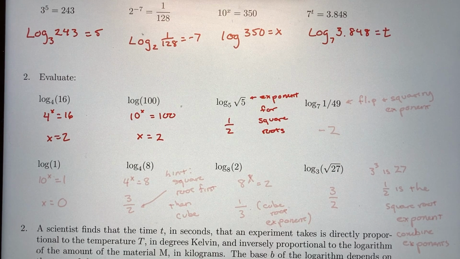Exponent for flipping and squaring. Negative for the flipping, 2 for squaring. What exponent turns a number into 1? 0. Log base anything of 1 is 0.